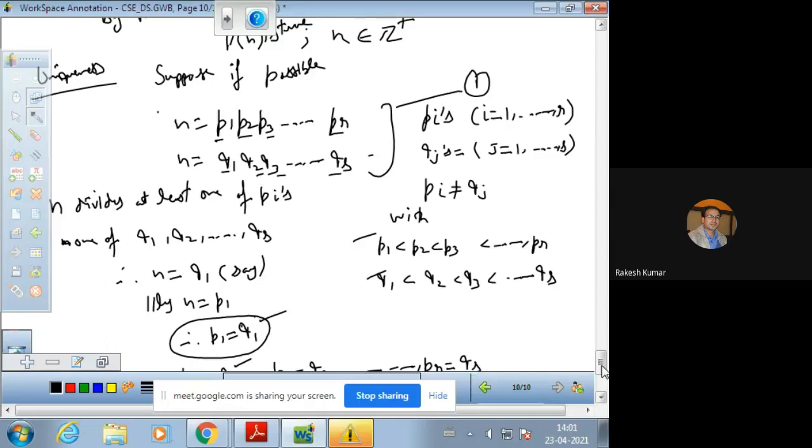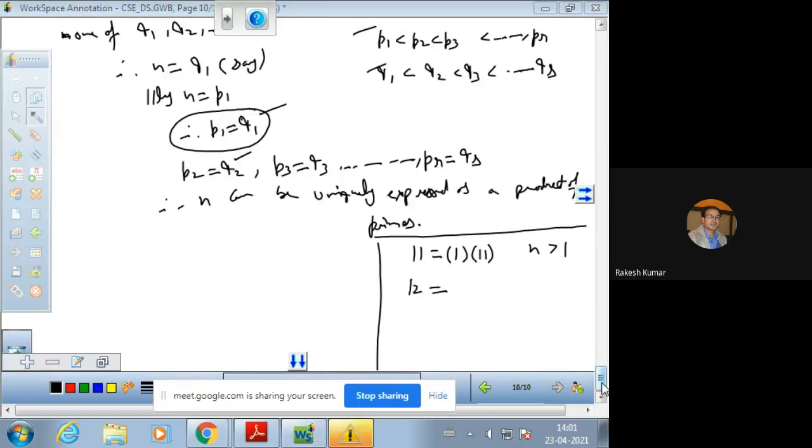So there is little chance of any composite integer being otherwise. For example, suppose we have 12. 12 can be written as 3 and 4. Now here, 3 is a prime, but 4 is not a prime. But it can be written like this, 2 into 2 into 3.